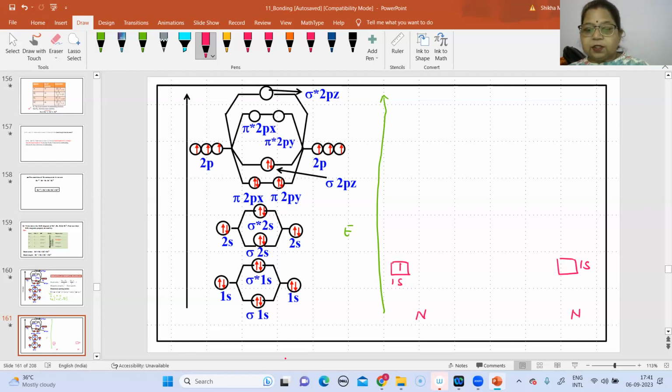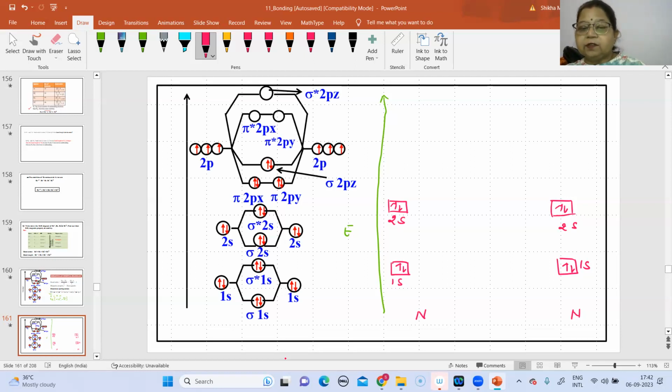And both the orbitals will have 2 electrons of opposite spin. We are talking only about atomic orbitals of nitrogen. So the first nitrogen has 1s2. Then nitrogen has 2s2. So I'll be drawing 2s, 2 electrons for the first nitrogen, and then for the second nitrogen, 2s, right?